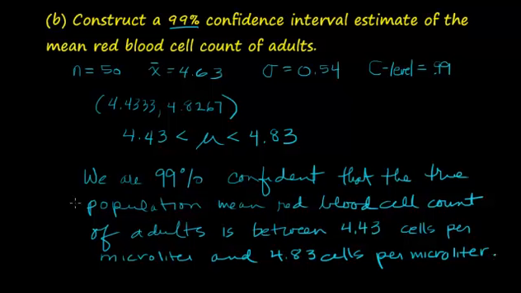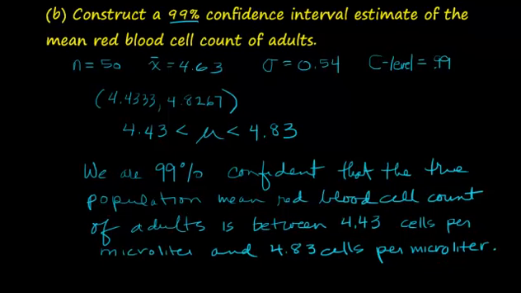Okay, a nice sentence. We are 99% confident that the true population mean red blood cell count of adults is between 4.43 cells per microliter and 4.83 cells per microliter.